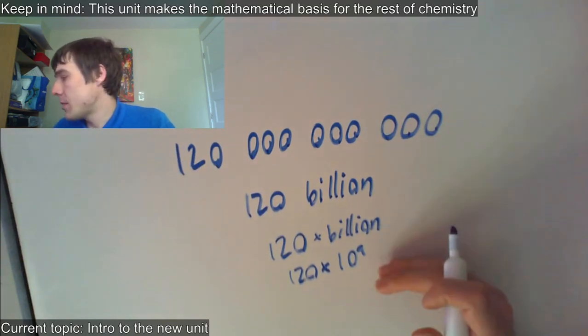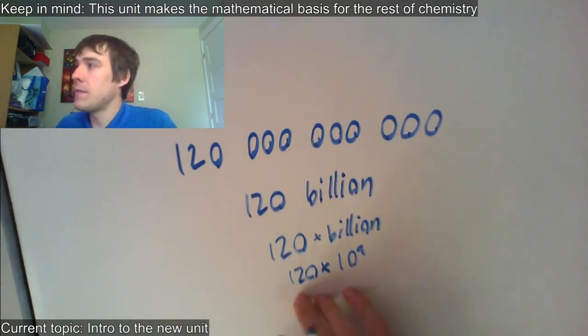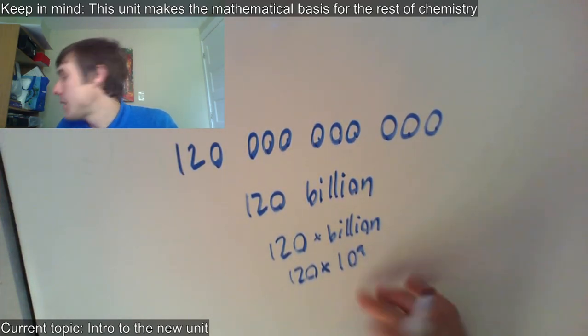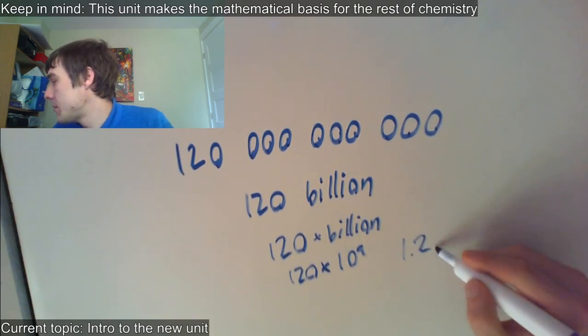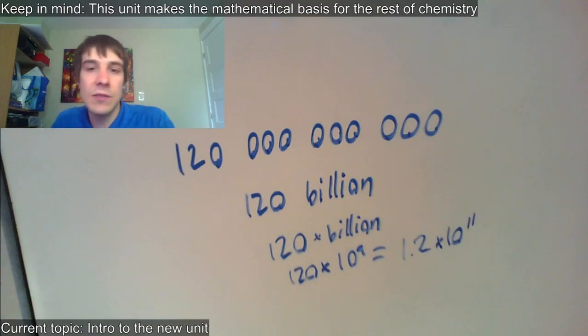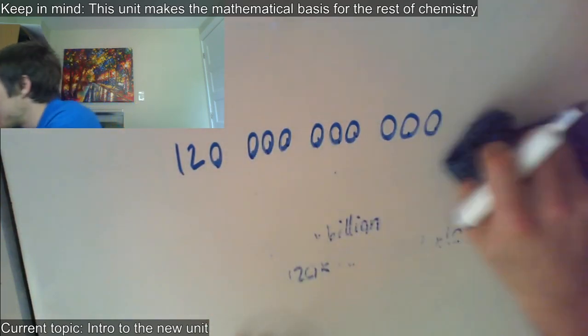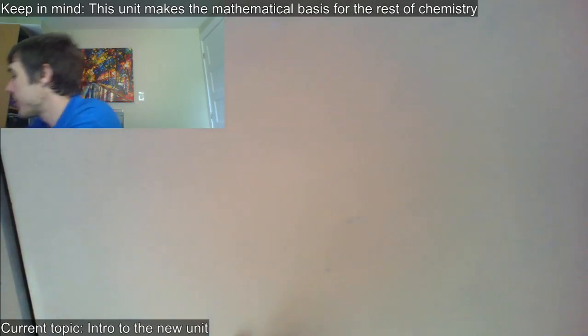It's a way to shorten this number, and that's what we see with scientific notation. In scientific notation, we wouldn't say 120 times 10 to the 9. We would say 1.2 times 10 to the 11, but those are the same number, right? It's just a way to shorten a very, very long number, a big number. It's going to get very important when we talk about the mole.